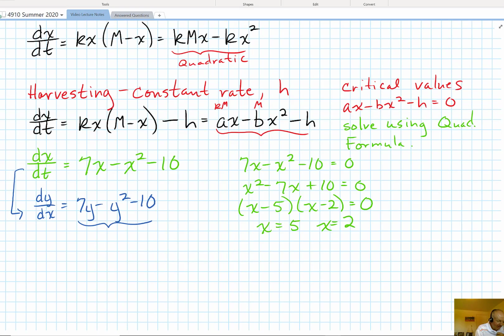So if we go back here to our equation, we can see what our carrying capacity is just by grouping these two terms together to match the logistic piece. So if you factor out a y, you get 7 minus y minus 10. So it looks like the carrying capacity is 7. That's the most they can have, and we're harvesting. We're taking out 10.